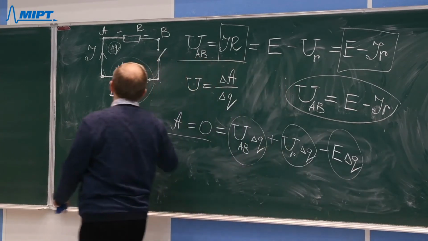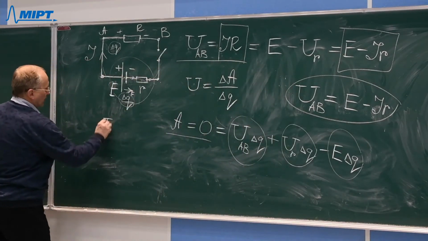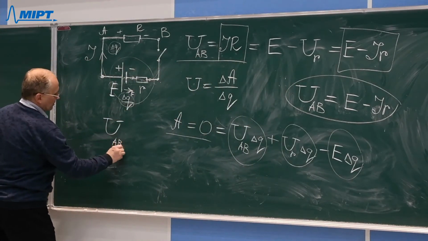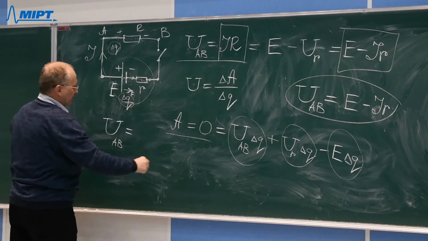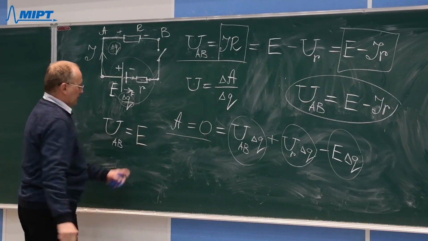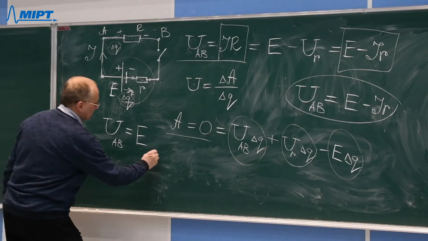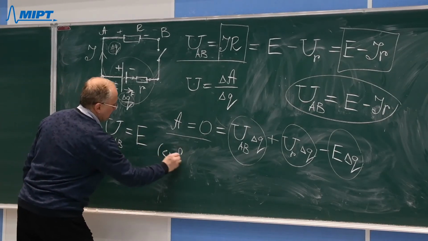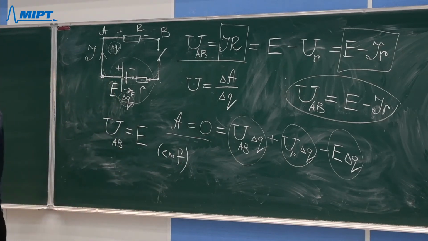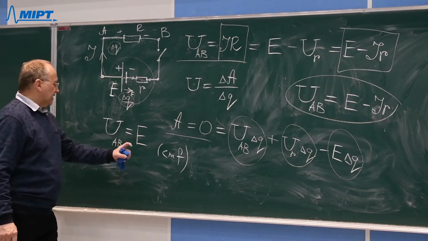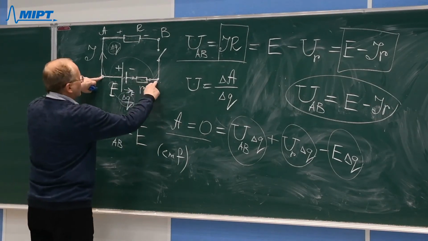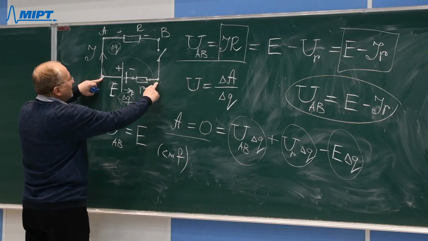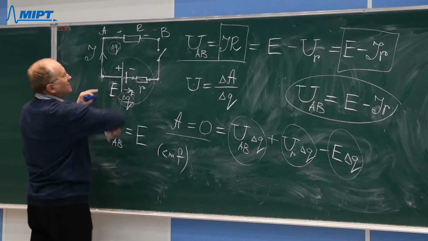In this case, the potential difference on the contacts of the electric battery will be just equal to the electromotive force, the EMF, of the battery, of the electric generator. So the EMF is just the potential difference on the contacts of the battery in case the battery is not connected to an external circuit.